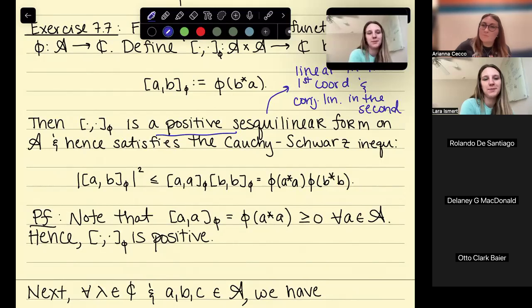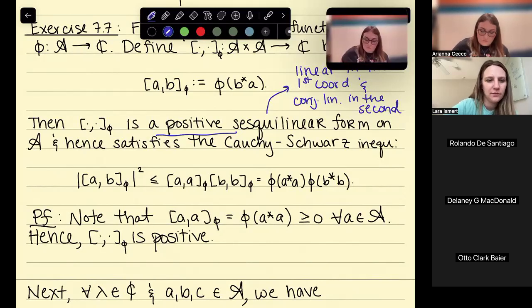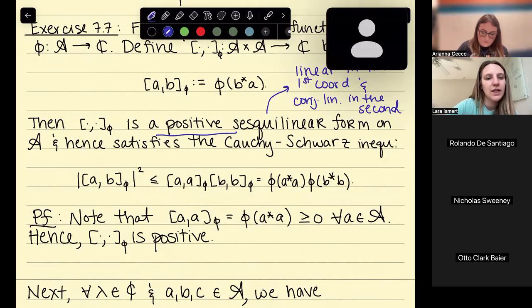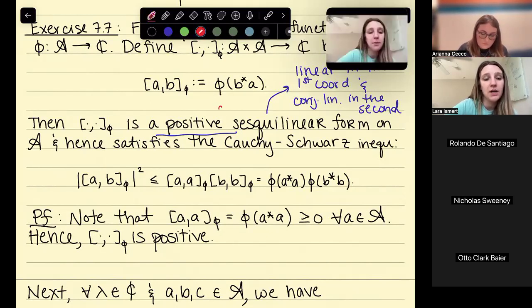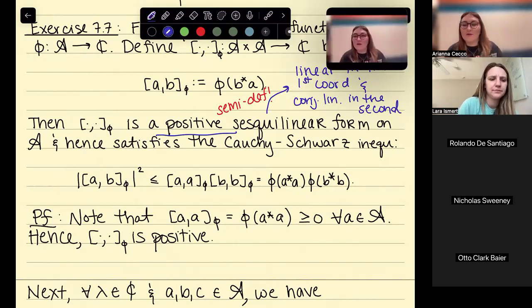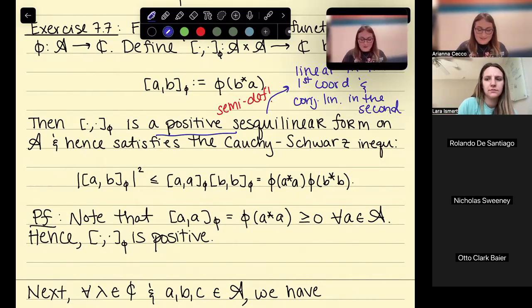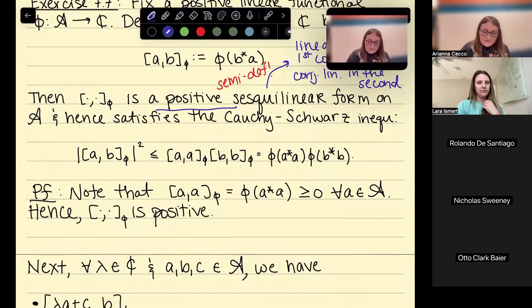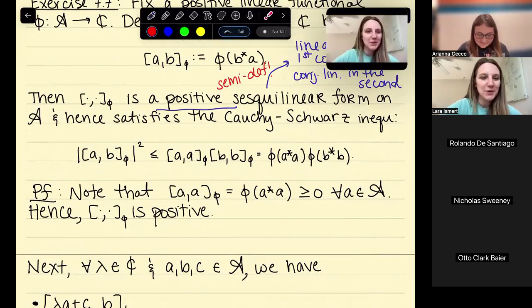Do we mean it's positive semi-definite here? Yes. And we want it to be positive definite, which it's not necessarily yet, but yes, that's what the use of the word positive is referring to. Okay, so that was my mistake.